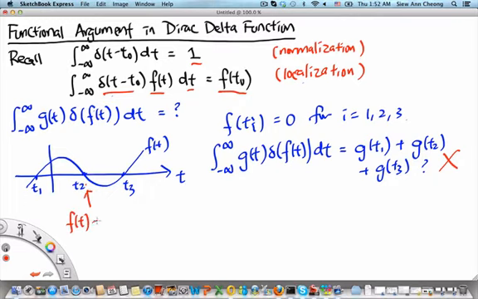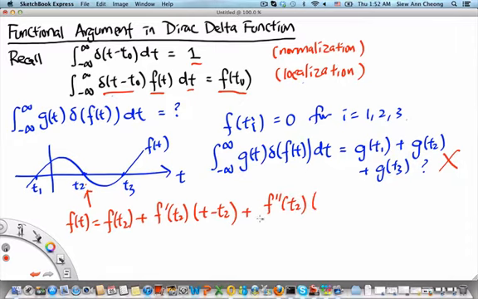So f of t will be equal to f of t2, plus f prime of t2 times t minus t2, plus f double prime evaluated at t2 divided by 2 factorial times t minus t2 squared plus dot dot dot.